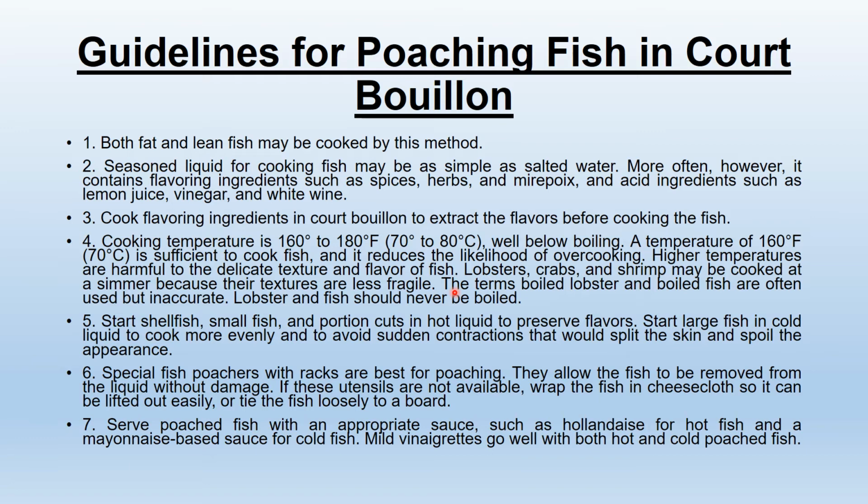If you don't have these utensils, you can also use cheesecloth, so it can be easily lifted out, or tie the fish loosely on a board. These are other alternatives if you don't have any rack for poaching. But if you have the rack, this is even better. Like that, you can remove it easily from the liquid, and it is not going to be damaged.